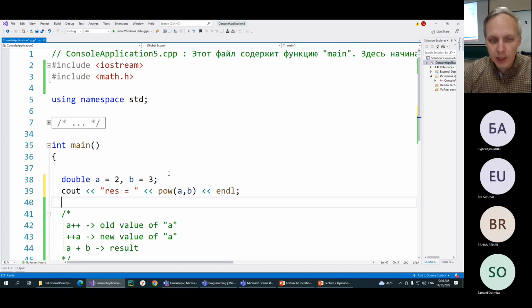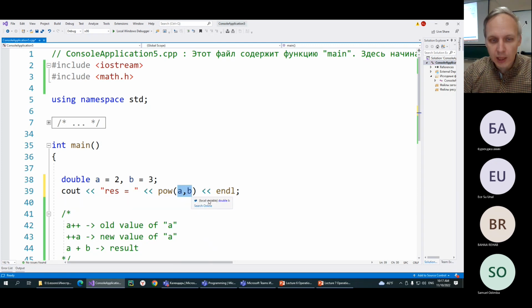The meaning of the function power: power a b means a power b. Two power 3. 9 is wrong.